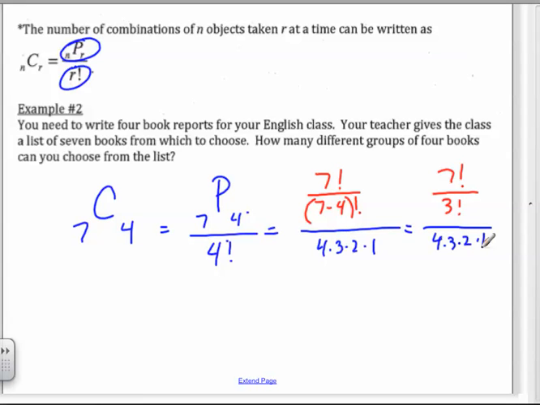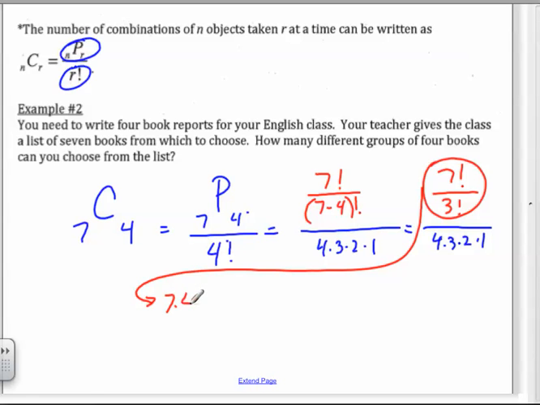I'm going to write this down here just to figure out what it is. That's 7 times 6 times 5 times 4 times 3 times 2 times 1 all over 3 times 2 times 1.